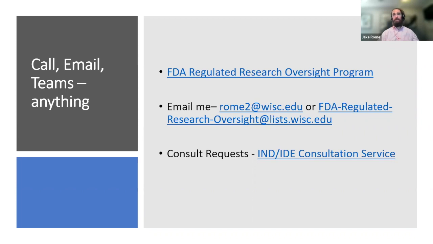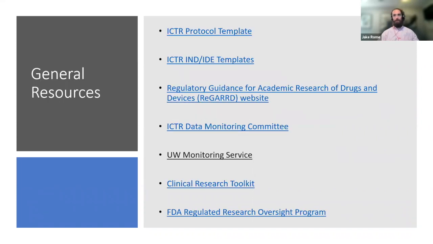We also have general resources that are available. Just to shout out, the ICTR protocol template embeds information about drug and device requirements into it, so that's a good place to start if you're in the initial phase of developing a protocol. We also have IND and IDE templates available, as well as a bunch of other resources around campus.